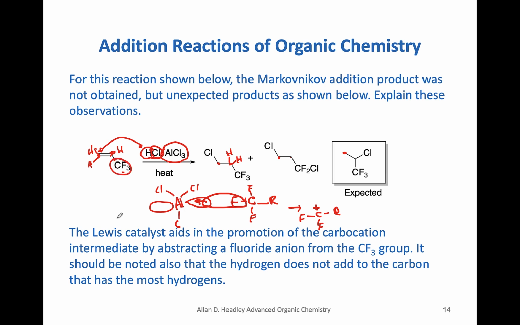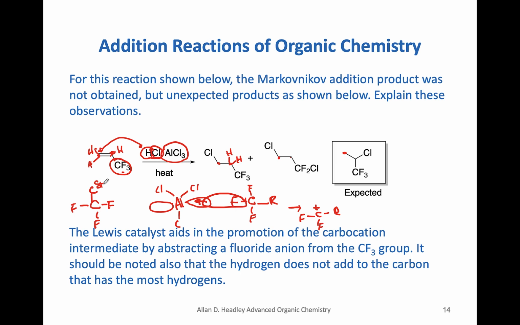As you can imagine, extremely good electron withdrawing, because we have a carbon with three electronegative fluorines bonded to it. So whatever this carbon is, it's going to be very, very positive.